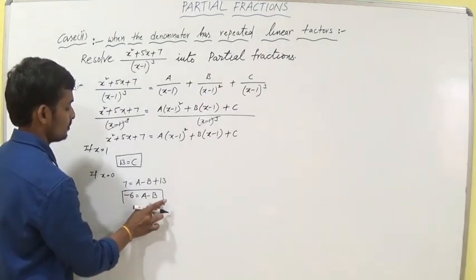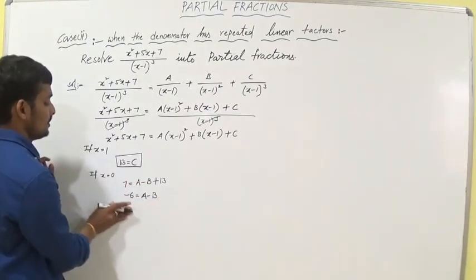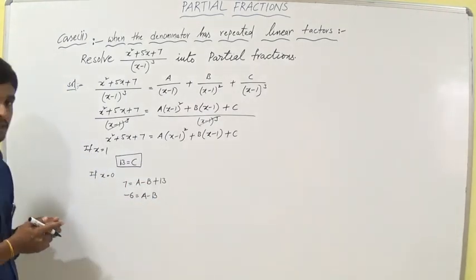But we don't want the value of a minus b, so no need to keep the bracket. So next again, what can you keep? Shall we keep minus 1?